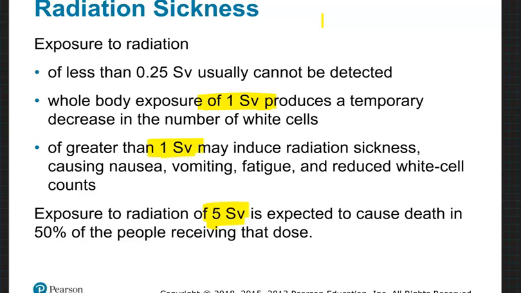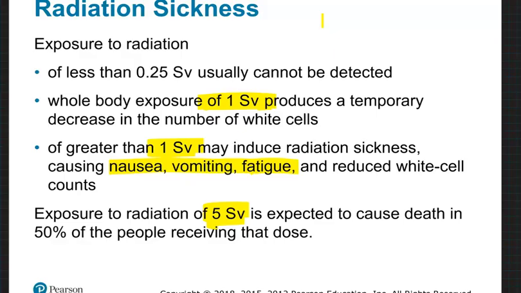Now, let's talk about symptoms very quickly. Nausea and vomiting. Why? Because your stomach and intestinal lining are damaged. Those cells divide very quickly, and now they can't. Okay?